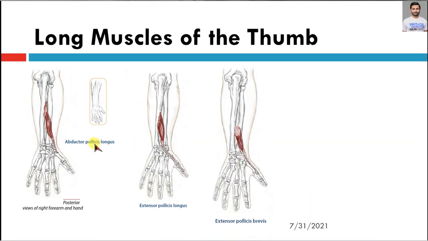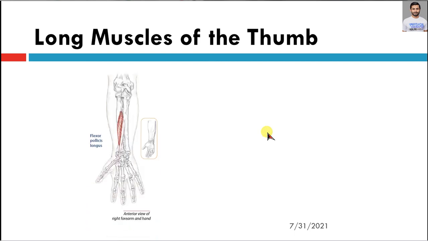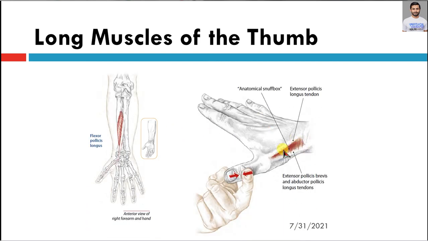These are the long muscles of the thumb, the abductor pollicis longus, extensor pollicis longus, and extensor pollicis brevis. And I told earlier that the anatomical snuff box is a very important landmark to find these tendons. Here you can see this red part is the anatomical snuff box, and on top of it is the extensor pollicis longus tendon, whereas on the bottom you can find the extensor pollicis brevis and abductor pollicis longus tendons.